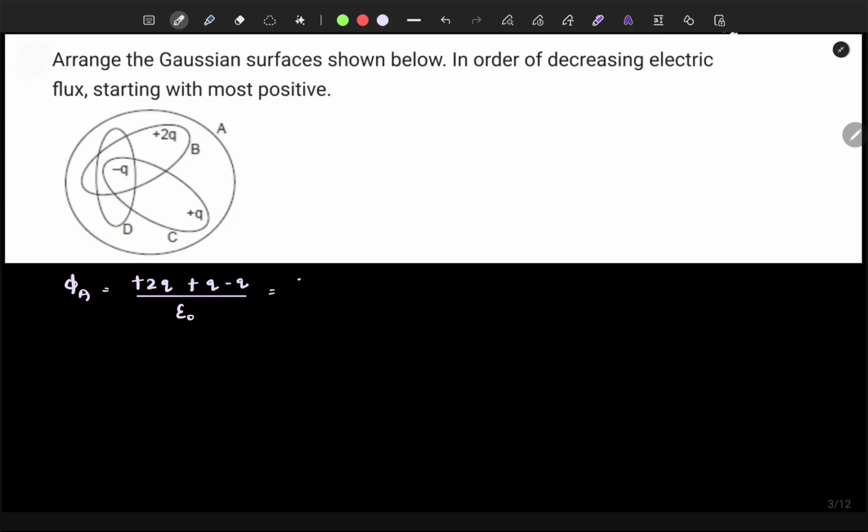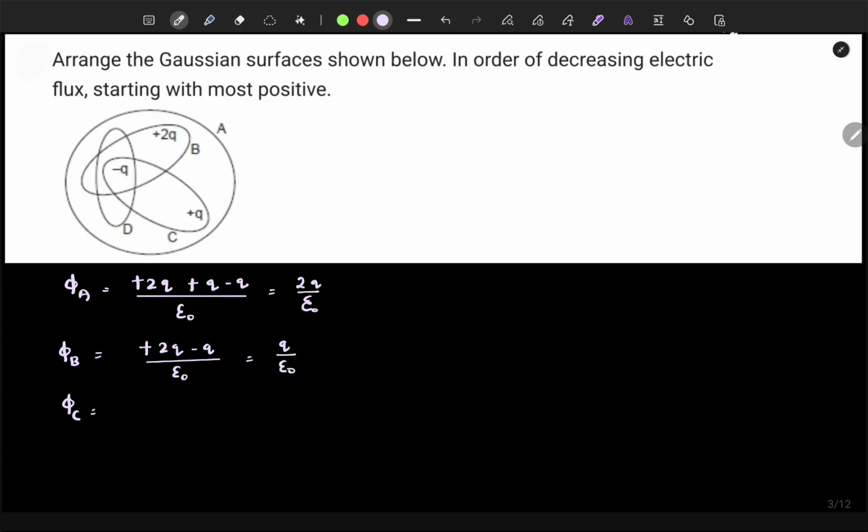So it will be equal to 2q by epsilon naught. Then flux through surface B. See, inside surface B, both 2q and minus q charges are present. So we can write plus 2q minus q divided by epsilon naught. This is equal to q by epsilon naught.